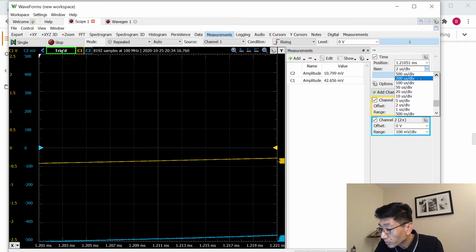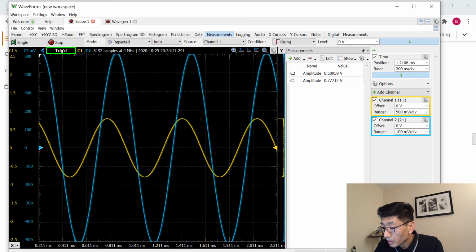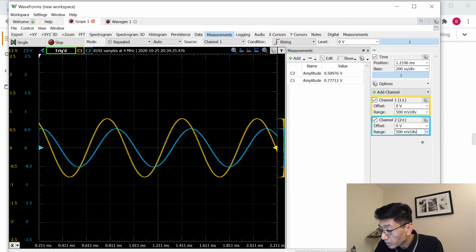I have used 200 microseconds per division. You can see the magnitude is now comparable, right? Not that much.